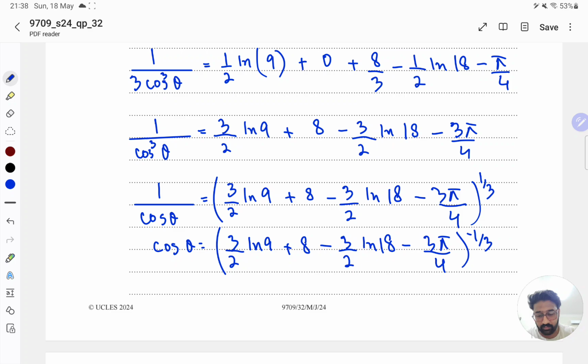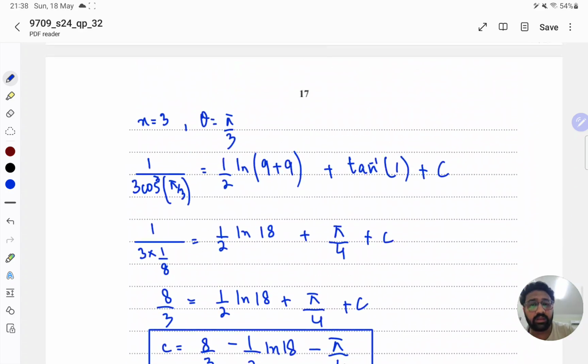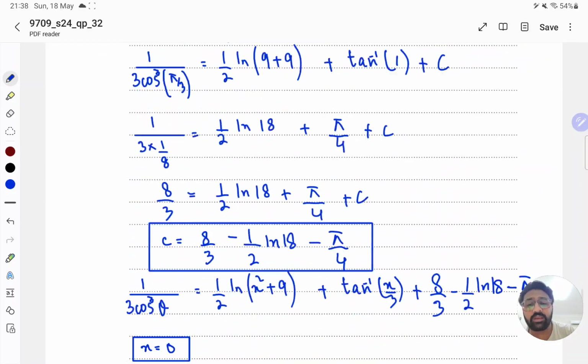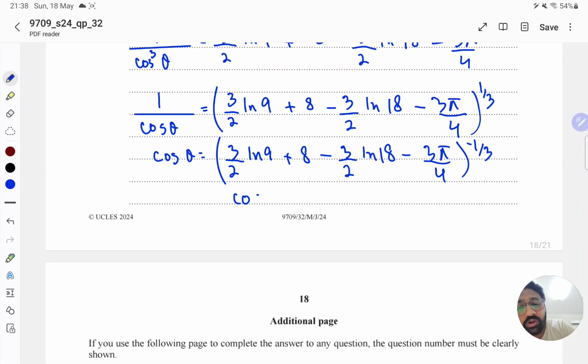Yes, if I simplify, the answer is 0.60, any decimal exact value, correct to 3 significant figures. So cos theta will be 0.601.